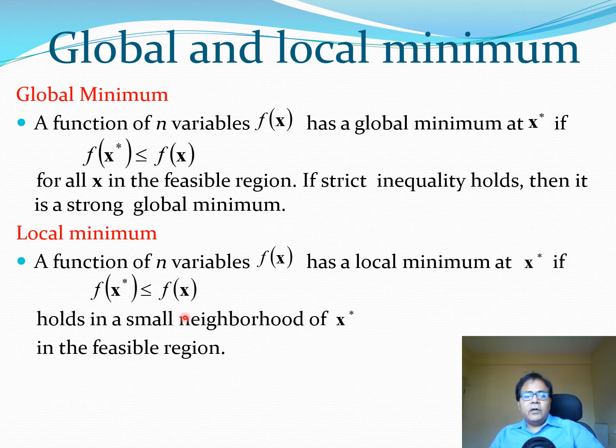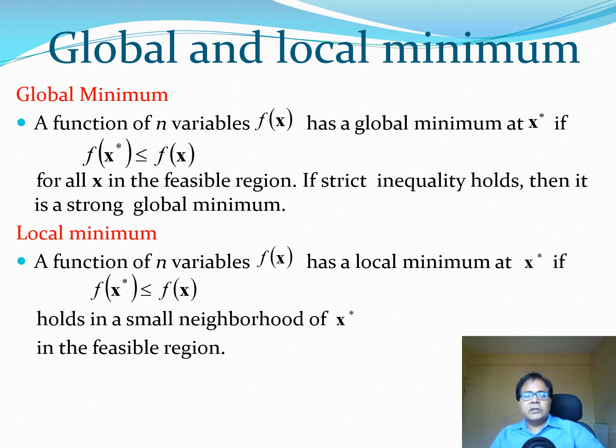Now, if you have a function of n variables f of x where this particular situation holds only in a small neighborhood of x star, then this is known as a local minimum. So that's the big difference between the local minimum and the global minimum: this holds in the feasible region, and this holds within a small neighborhood of x star.